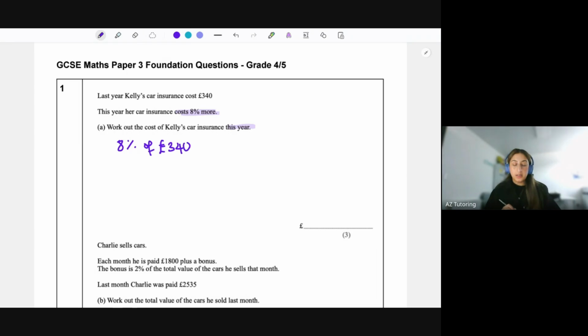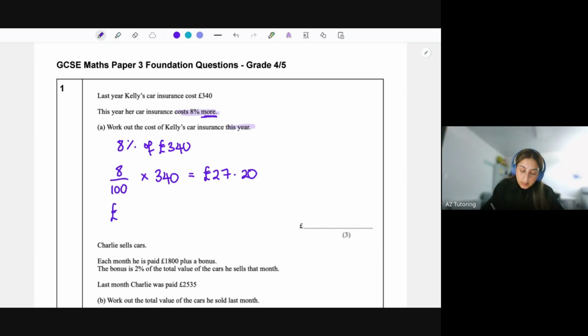With the calculator, I do my percentage divided by 100 times by 340. If I put that in my calculator, that gives me £27.20. So 8% of 340 is £27.20. And then my final step is I need to add it on because it's costing that much amount more.